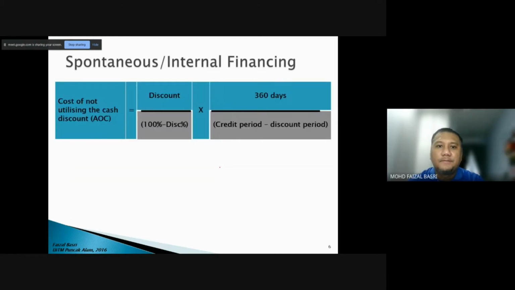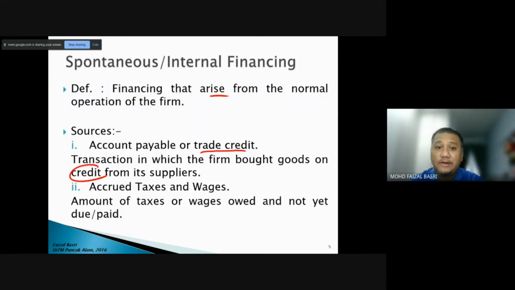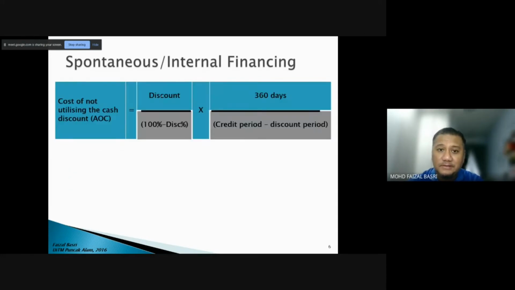And how to calculate? This is our first formula for today. For internal financing, for trade credit, by the way, this is the formula to be used. But for external financing later, you're going to see that we have a slightly different formula.